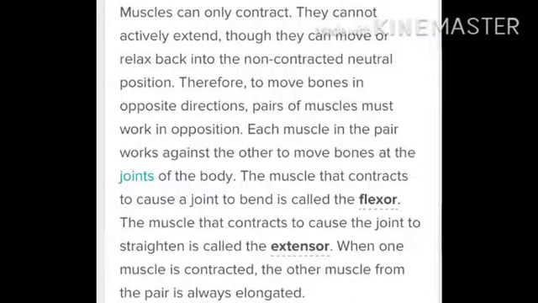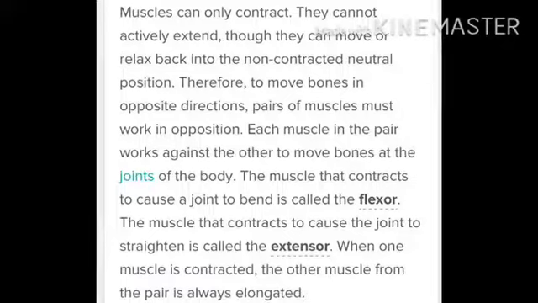Muscles can only contract. They cannot actively extend, though they can relax back into the non-contracted natural position. Therefore, to move bones in the opposite direction, a pair of muscles must work in opposition. Each muscle in the pair works against the other to move bones at the joints.